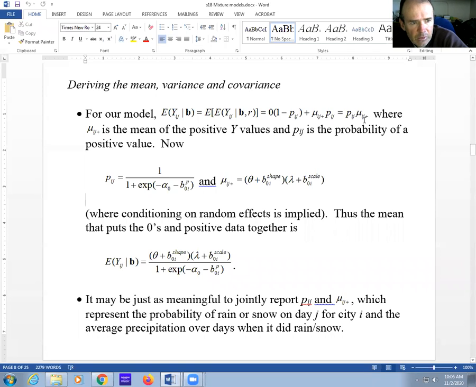And then mu plus is the mean if it did rain. What's the mean rainfall? And then you can also make that city specific and day specific. Okay. And so using some basic theory, we can show the expected value of y, combining both parts of the model, is equal to what I have here.